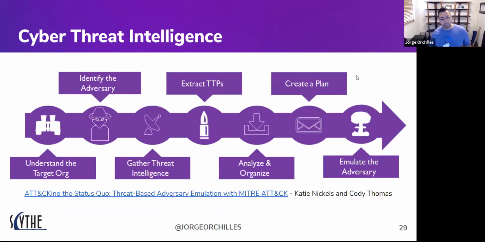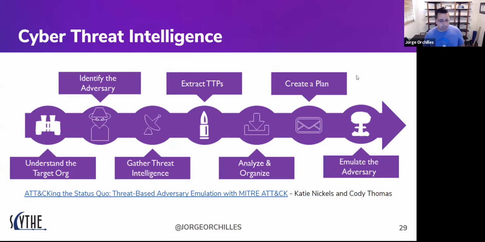So I like covering cyber threat intelligence. Again, big shout out. I tweeted this out this morning to Katie Nichols and Cody Thomas. This was a presentation back in 2018, but it really got us thinking about threat-led red teaming or adversary emulation.